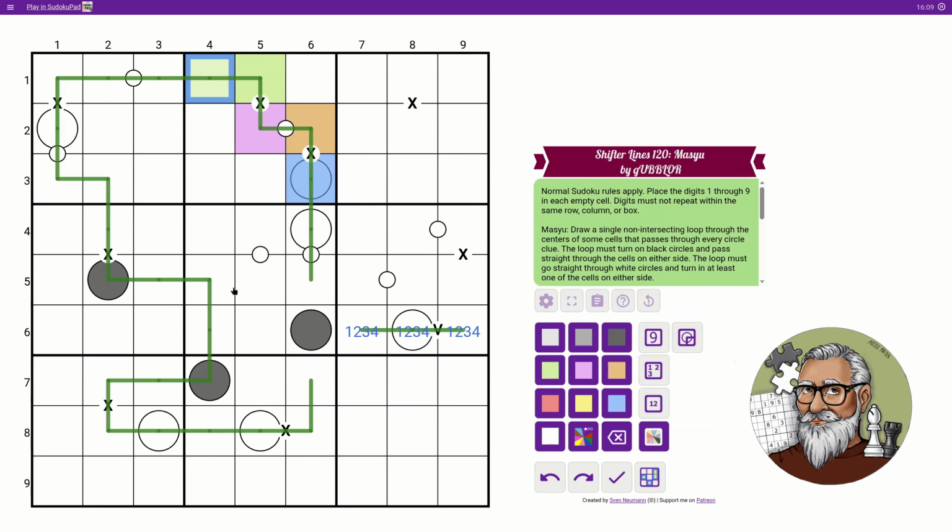So how do I continue here? Oh, hold on. This has to go upward. No, it can. Yeah, it can go up, but can it go down? No, this has to go up, right?